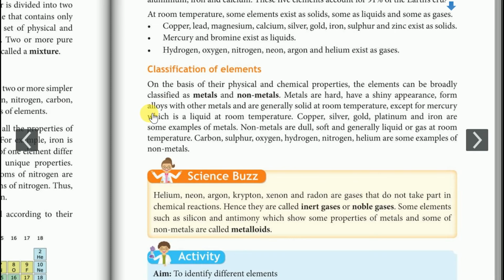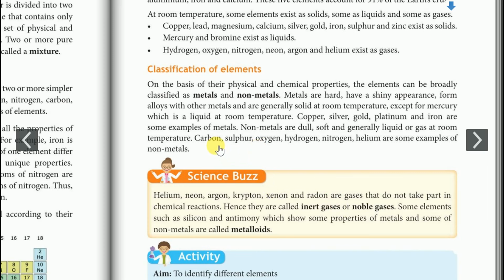In the first chapter we have discussed these things. Generally metals are solid. The exception is mercury. Mercury, though it is a metal, exists in a liquid state at room temperature. Copper, silver, gold, platinum, iron are some examples of metals.